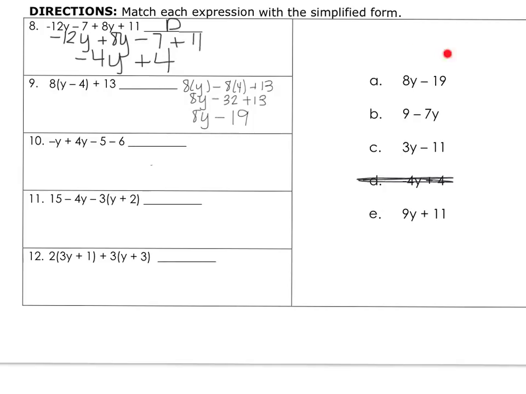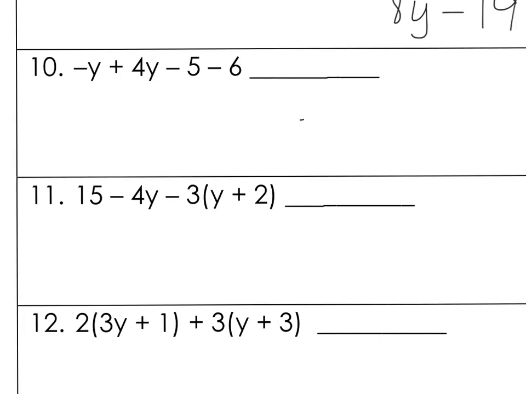If I look over to my answer bank, instantly I see A, 8y minus 19. That matches perfectly. So number 9 is A. I'm going to cross it off because we don't need it anymore.